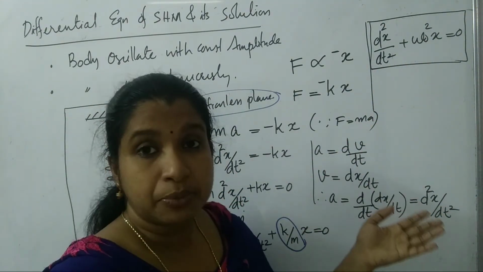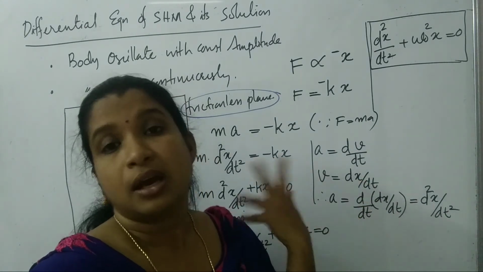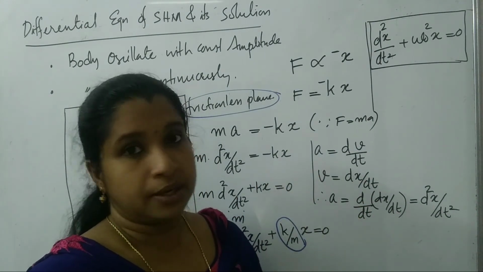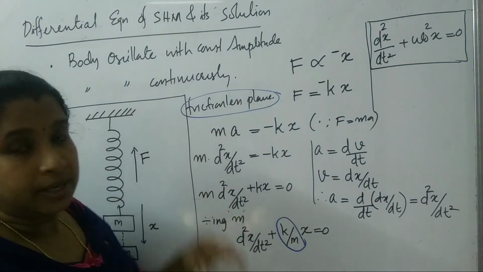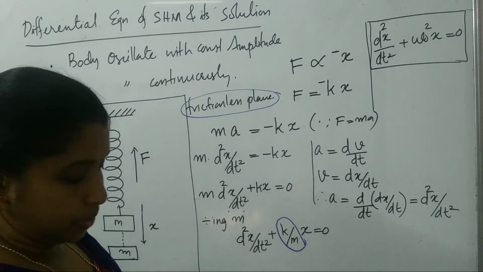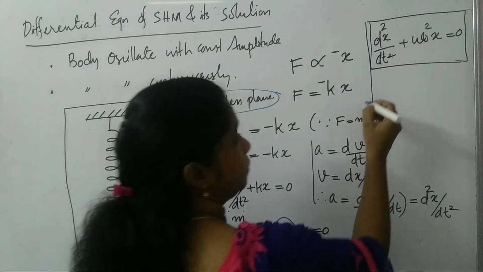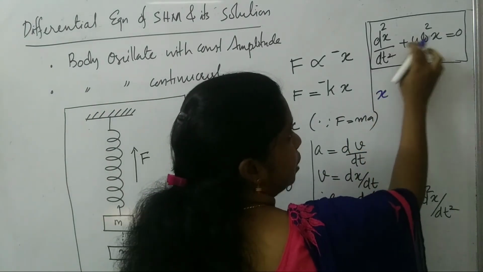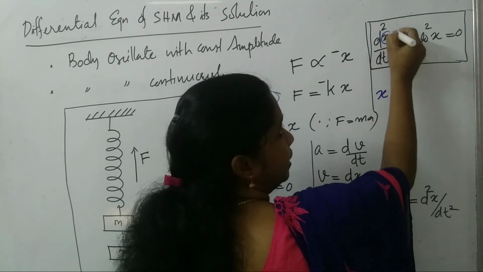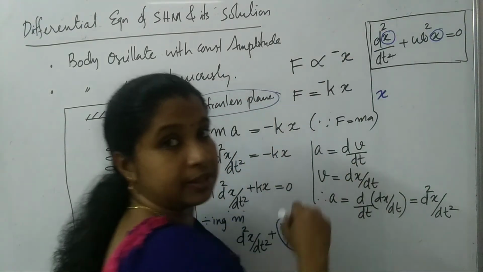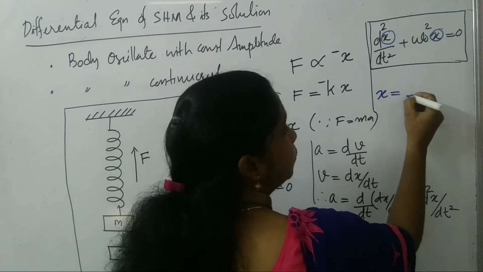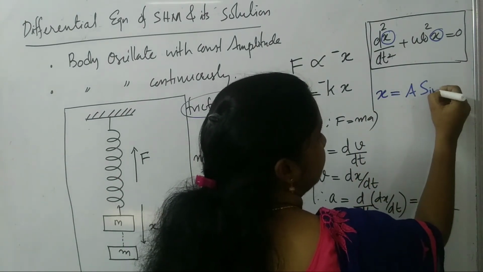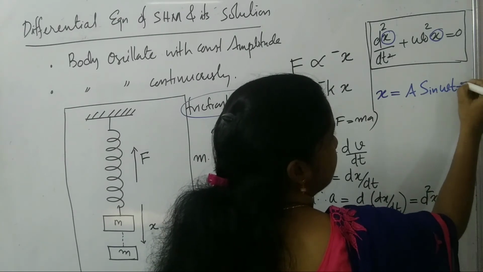From this equation, we cannot state that the amplitude is constant or that the body oscillates continuously. So to explain these two conditions, we solve this second order differential equation in terms of x. By solving it we get x equal to a sin(omega t plus phi).